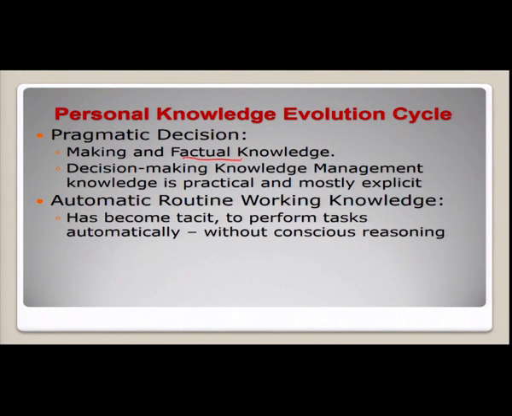Getting the factual knowledge, decision making, knowledge management, the knowledge is practical and mostly explicit. Then the final stage of the personal knowledge evolution cycle depends on the automatic routine working knowledge, which has become tacit, to perform tasks automatically without any conscious reasoning.